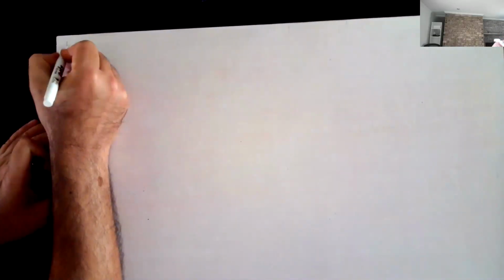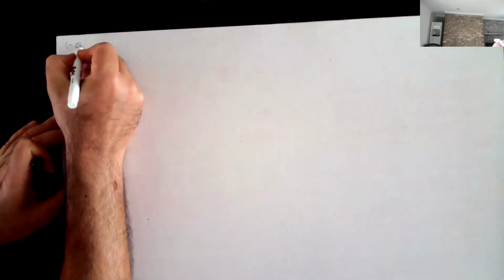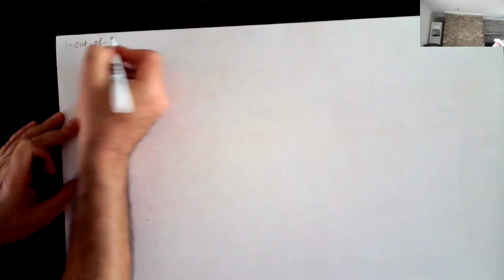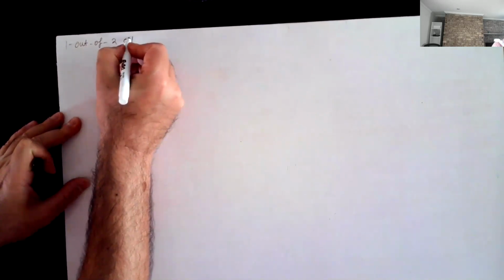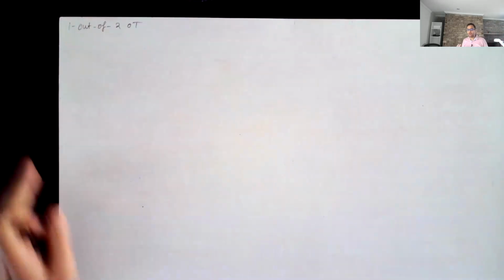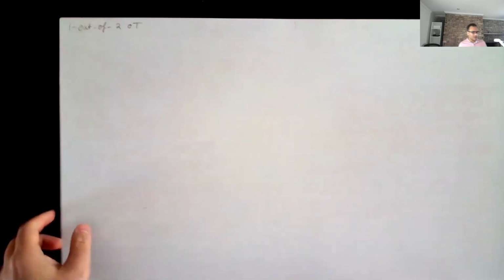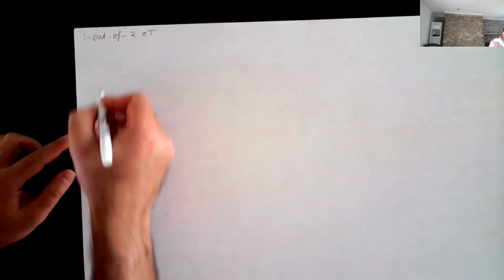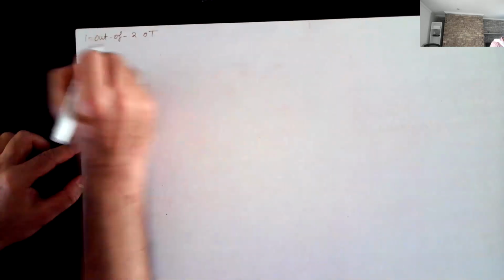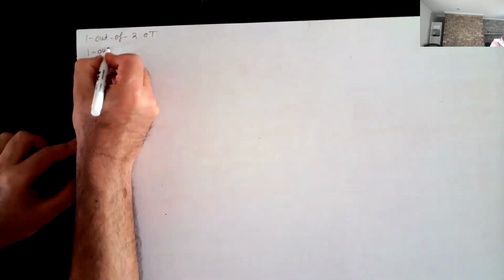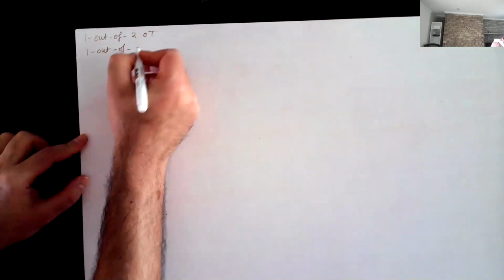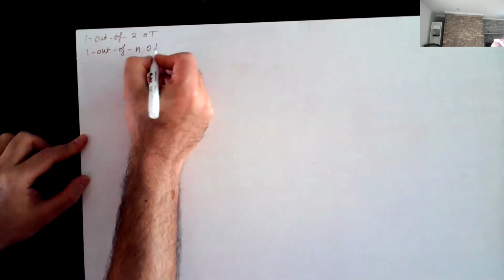So what we learned so far is known as 1 out of 2 OT. In 1 out of 2 OT, the sender has 2 strings, the receiver learns one of them. But there's a generalization which is known as 1 out of N Oblivious Transfer, 1 out of N OT.